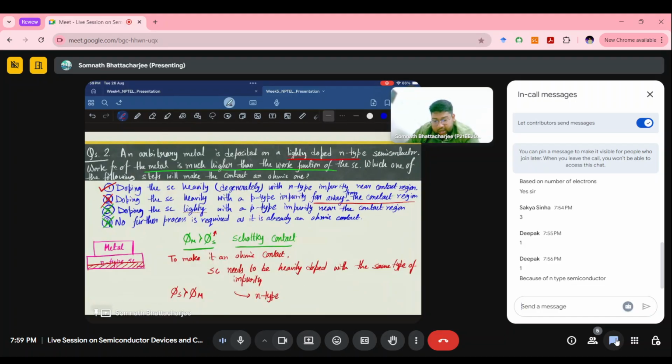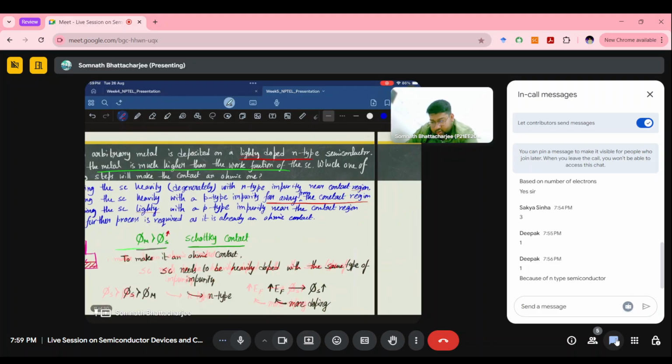So our main aim would be to increase the value of EF, so that we can make the work function higher. For making the Fermi level go higher, we need more doping. So it is a correct answer.